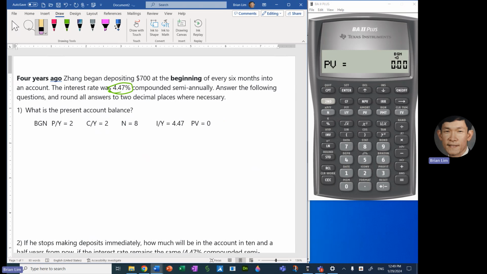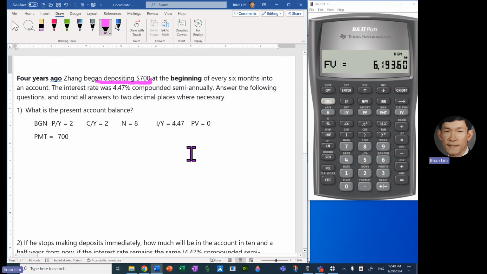Well, we are given the amount right up there. The payment is 700. Let's highlight it, depositing $700. So that is the payment. Now we will put it in as negative because we are paying. So negative payment, and then we compute the future value.